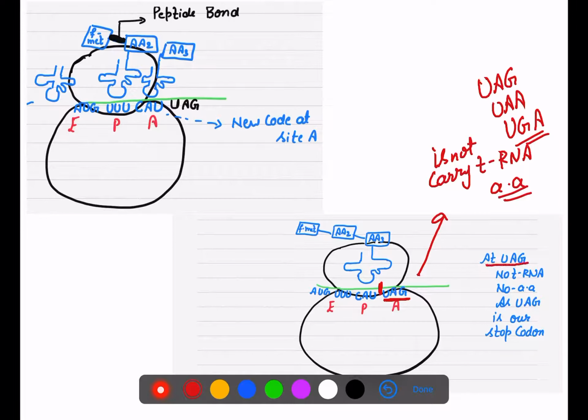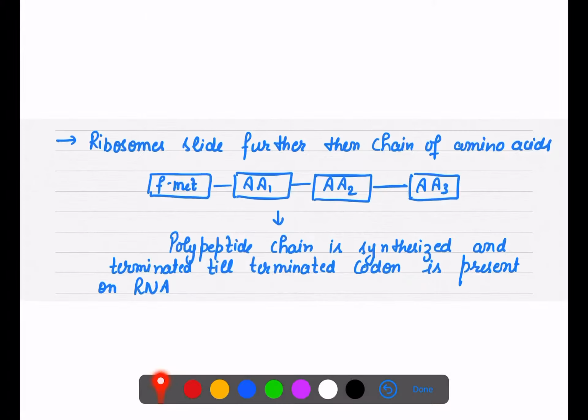So at UAG, no tRNA, no amino acid, because it is our stop codon, it will terminate the translation process. If UAG is not there, peptide bond formation will keep on continuing. But the moment UAG is there, the translation process will be stopped.